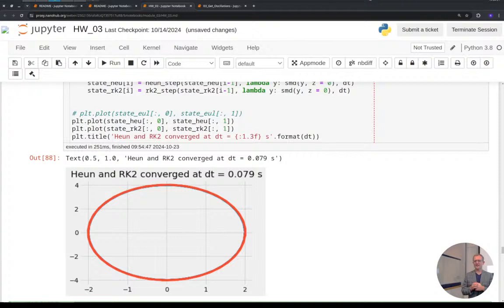What is that telling you? If you think about the conservation of energy equation in x and v, 1/2 kx squared plus 1/2 mv squared is always a constant, and that equation gives you an ellipse, described by 1/2 kx squared plus 1/2 mv squared equals something squared, like major and minor radii squared.